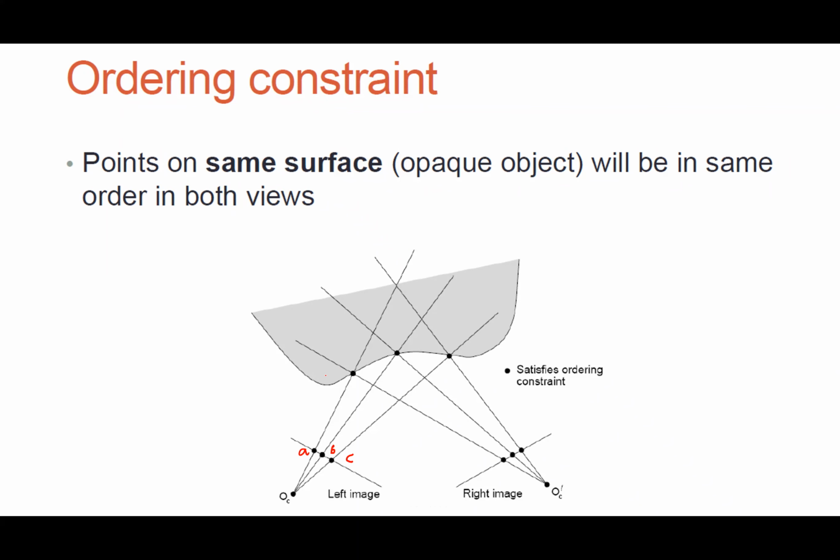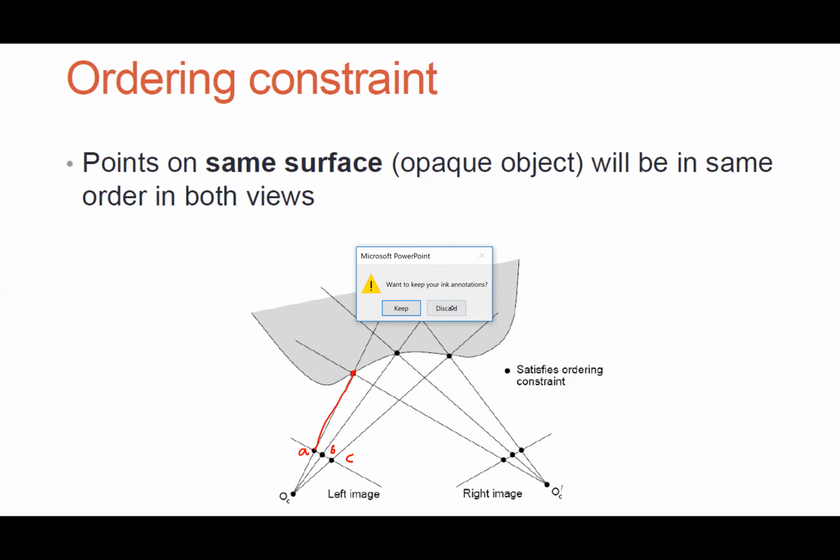Suppose it is opaque, which means it is not transparent, it doesn't allow the light to pass through. So for example, this point is hitting here, so that would come here.